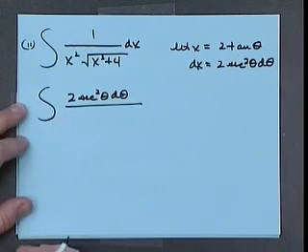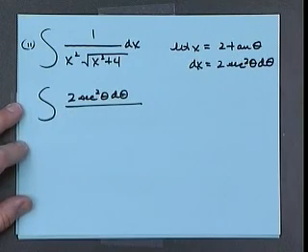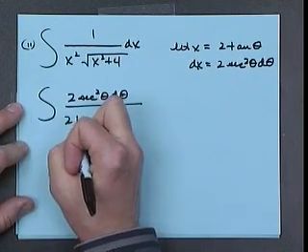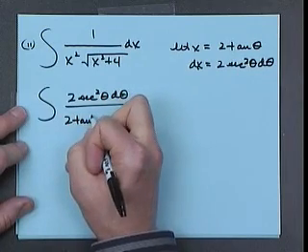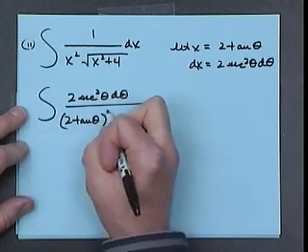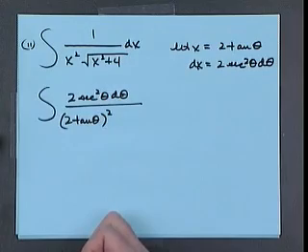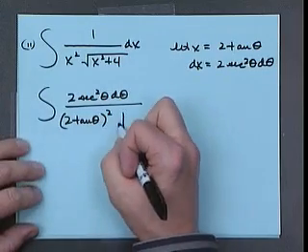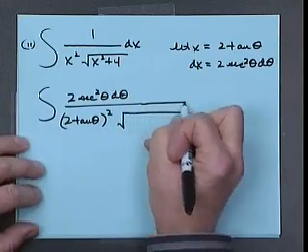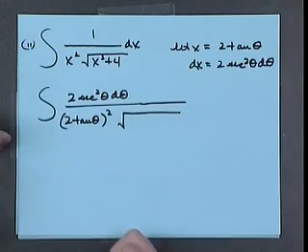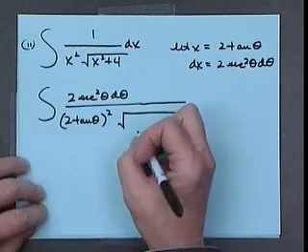So there's our dx in the numerator. Denominator is x squared. So we'll put in 2 tangent theta for x and then square it under the radical, which hopefully is what is going to simplify by the nature of the trig substitution itself.